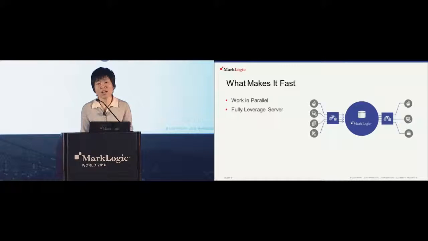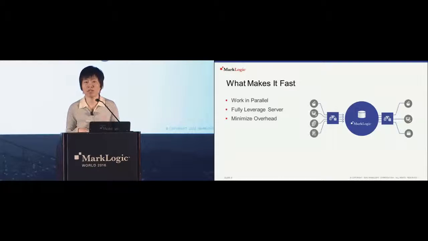Behind the scene, it is the MarkLogic server that's doing the heavy lifting. MLCP talks to the MarkLogic server in multiple concurrent sessions, and the throughput of your job is always bound to the throughput of your server. But we try to minimize the overhead by loading documents in batches, which helps reduce the network overhead and the transaction overhead.